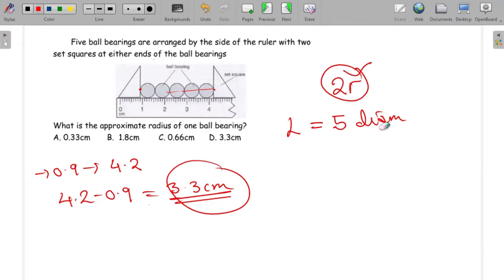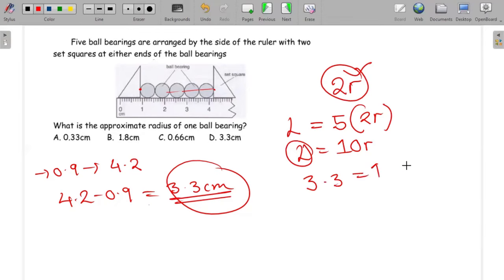So I'll say my total length is equal to 5 multiplied by diameter, of which the formula for diameter is 2 multiplied by r, where r represents radius. So the total length is equal to 10r. The total length is 3.3. So we're going to say 3.3 is equal to 10 multiplied by r.